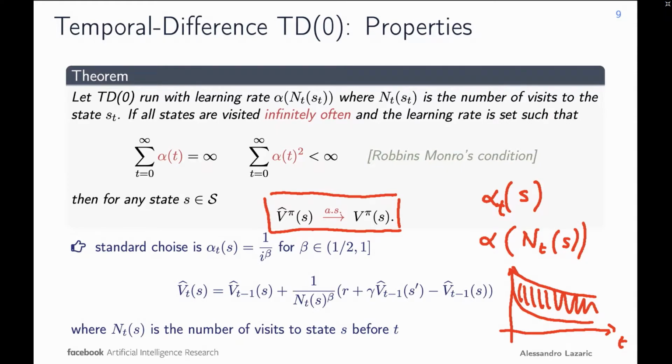Choosing an appropriate learning rate will have an impact on the overall variance and convergence speed. But for us, let's say that it's just a sort of support for the soundness of our method.